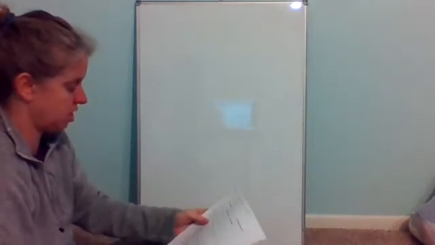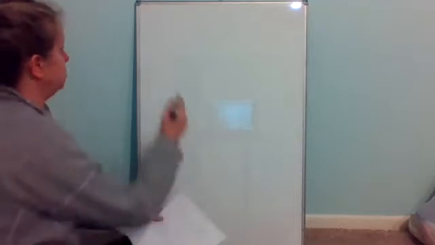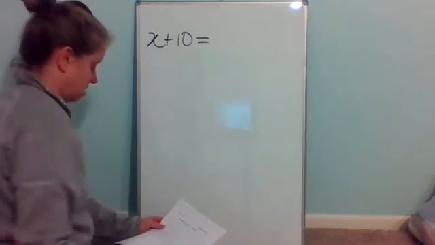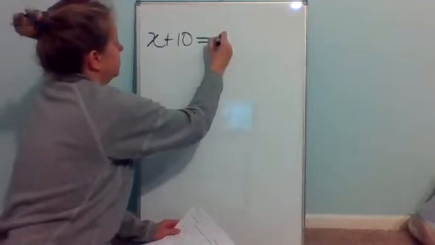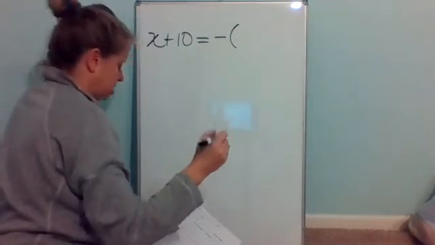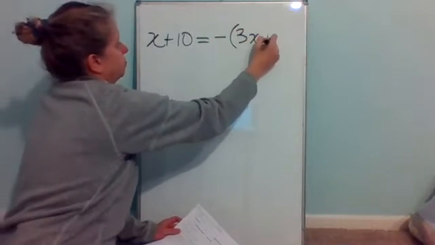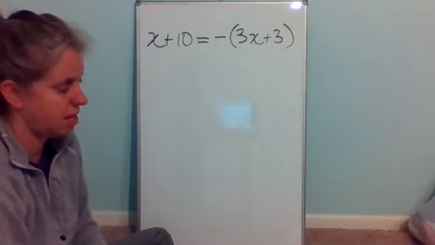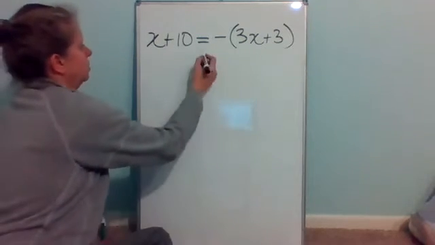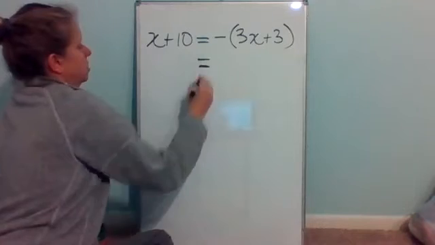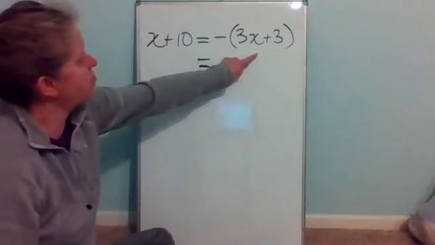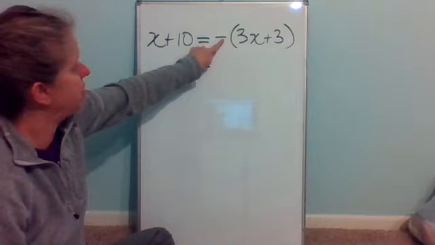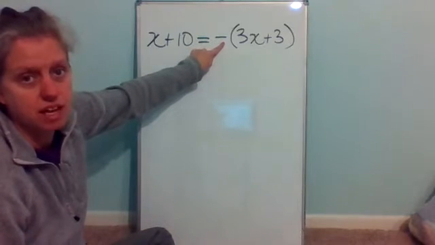All right, number 12, solving an equation. I have x plus 10 equals negative, then open parentheses 3x plus 3. So here's my equal. On the right side, I have parentheses that need to go away. So I need to decide what is bumping up against this.